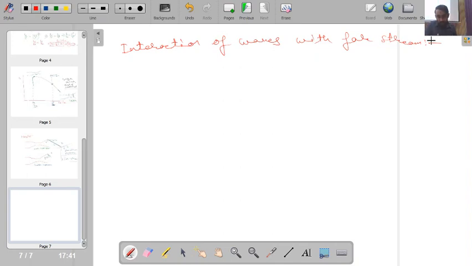Typically, let's consider that we have some incident shock wave, something like this. So this is my incident shock wave, and I have my flow which is moving like this.